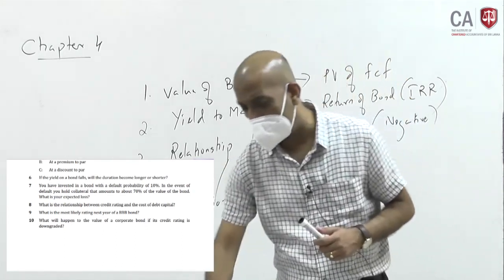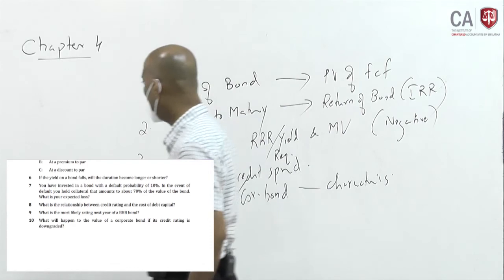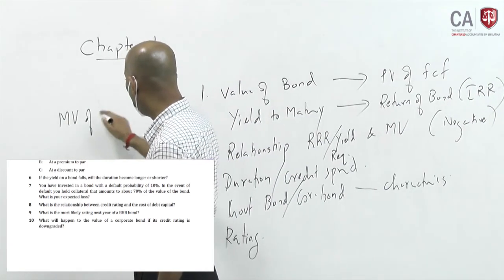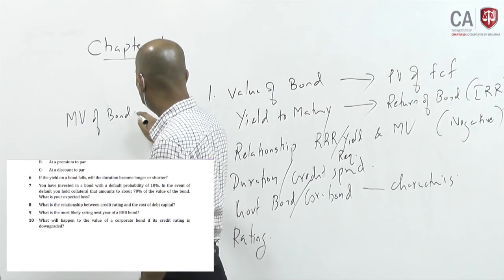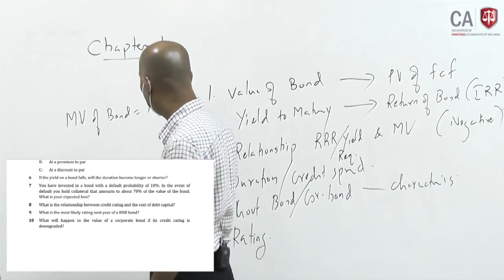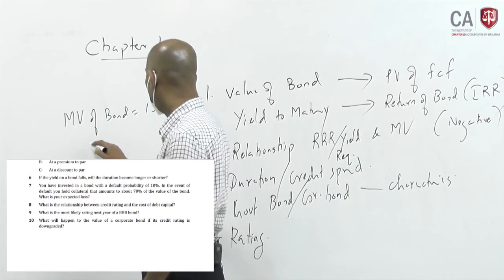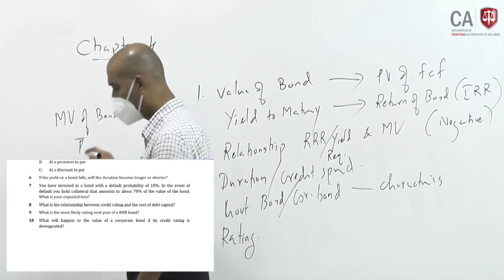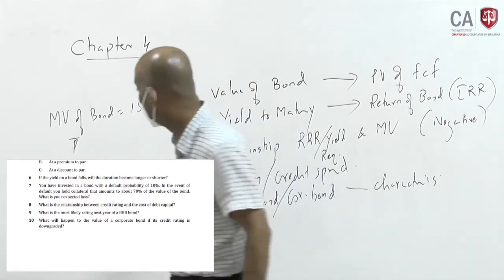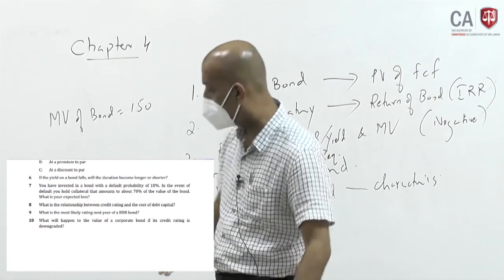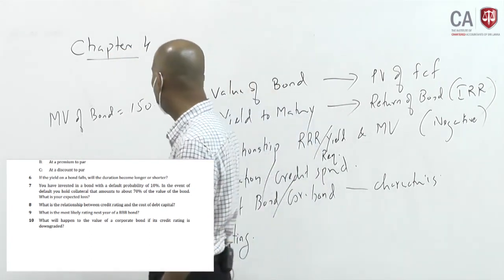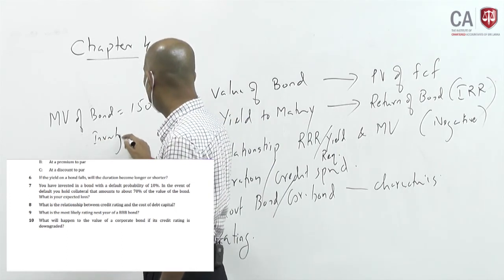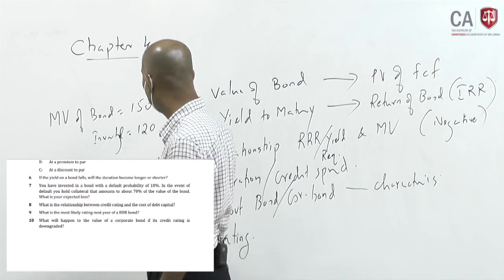And what we need to understand is that if you calculate the market value of the bond as, say, 150, and your trading price, you say your market value of the bond is 150, but you have invested say 120.